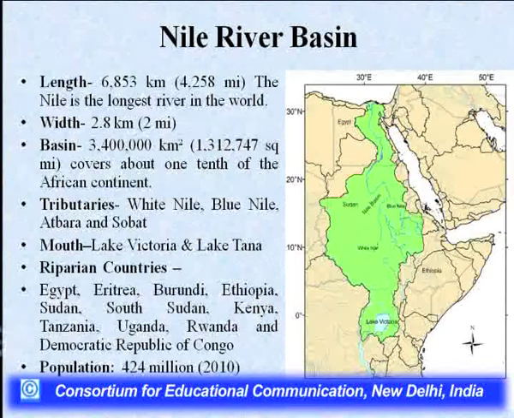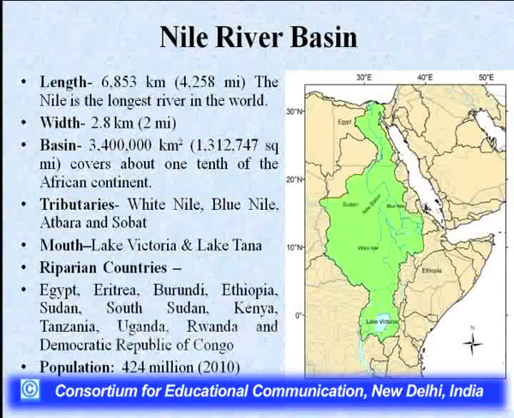The Nile River Basin is shared between 11 riparian nations. This is the longest river of the world, with a length of 6853 kilometers. Its basin covers around 34 lakh square kilometers. There are two important tributaries of this river, the White Nile and the Blue Nile.